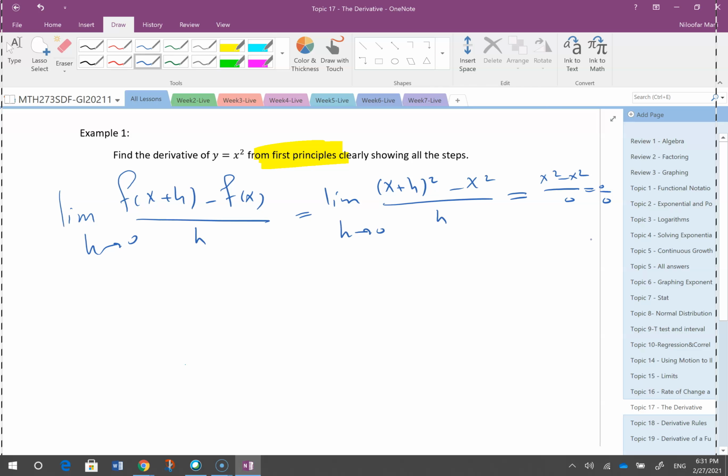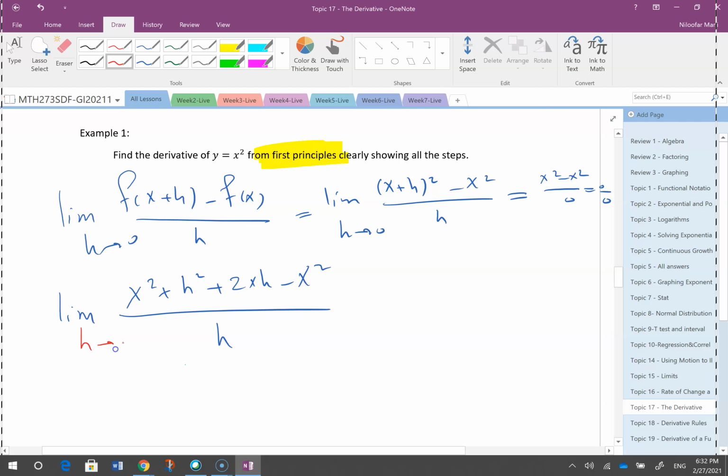So what should I do? Remember topic 15. You expand, then you cancel, because when you expand, you can cancel this and this. Perfect. Then I am able to factor h, and then simplify h and h.